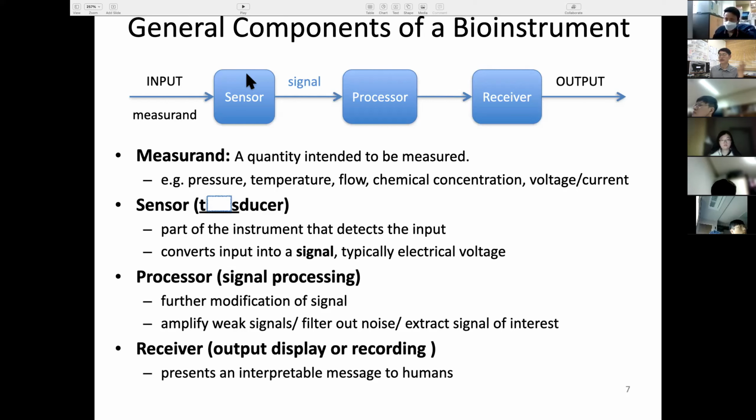And then this goes into the sensor, and the sensor is the part of the instrument that detects the input and converts it into a signal. Signals are mostly electrical voltage. So these sensors convert the input into a signal type. So that we call another way.